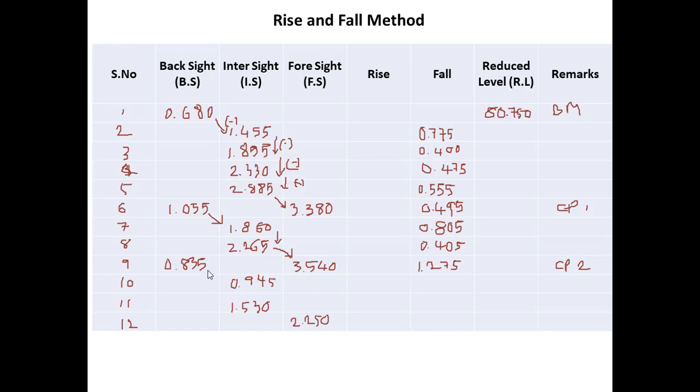Next, 0.835 minus 0.945 is minus 0.110, that is also minus, so we write under the column of fall. Next, 0.945 minus 1.530 gives minus 0.585.